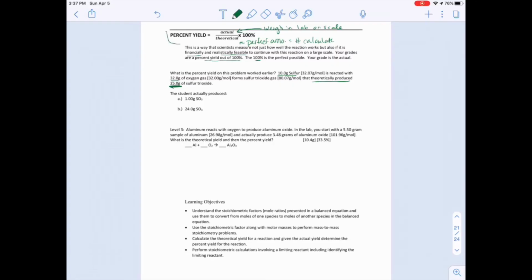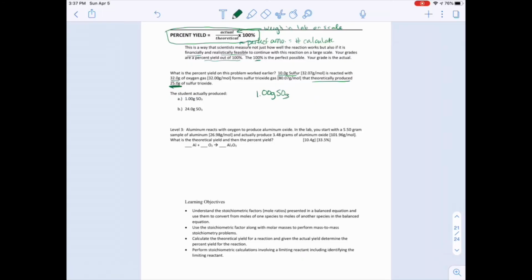So we're going to use this equation up here, and it's a really nice, easy equation to end with on this topic. So you're going to take your 1.00 grams of sulfur trioxide. That's what was actually produced. You'd have something that says someone put it on a scale in the lab, the student got this, something like that.